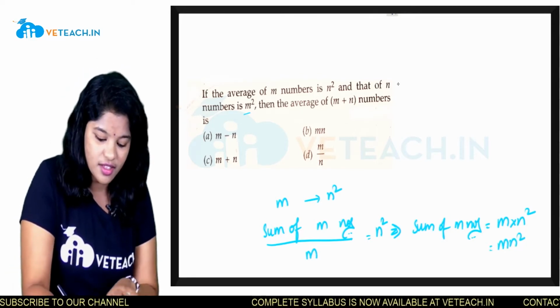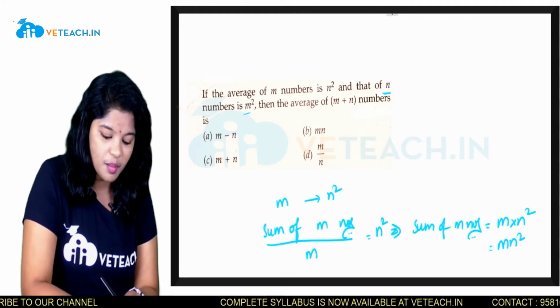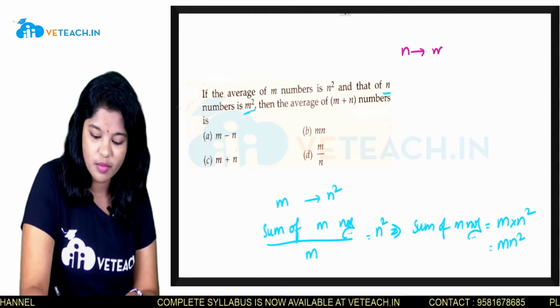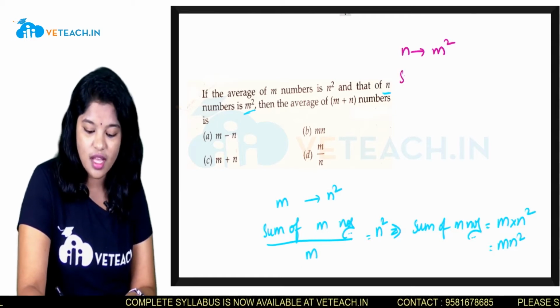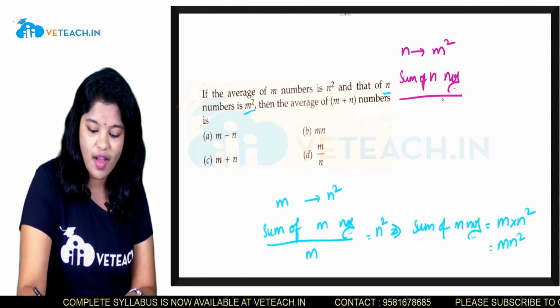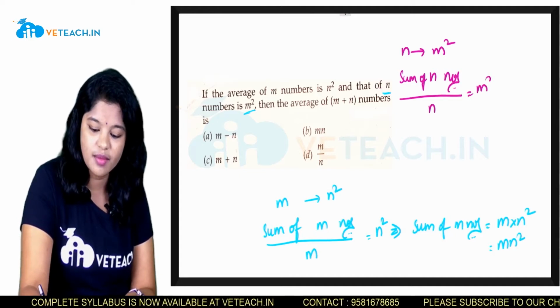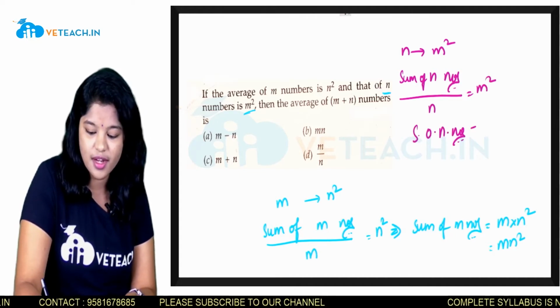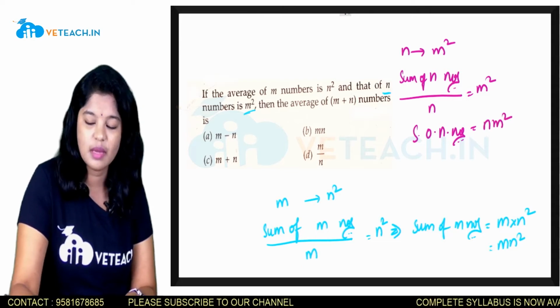Next one, they have given that the average of n numbers is m square. That means the sum of n numbers divided by n is equal to m square. So the sum of n numbers is equal to n into m square.